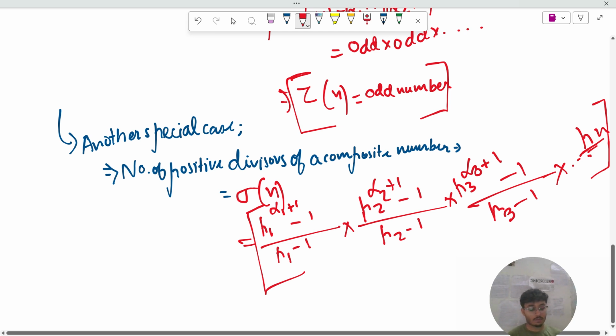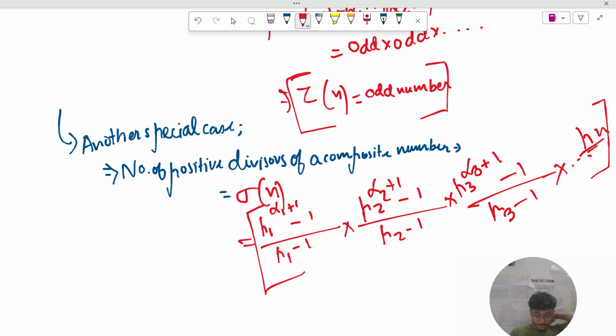Cool. Just take 2 to 3 minutes to digest it while I check if there are any problems, or else I'll shift into the main area of focus, which is congruences.